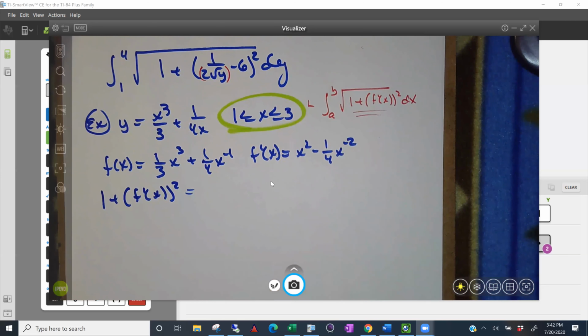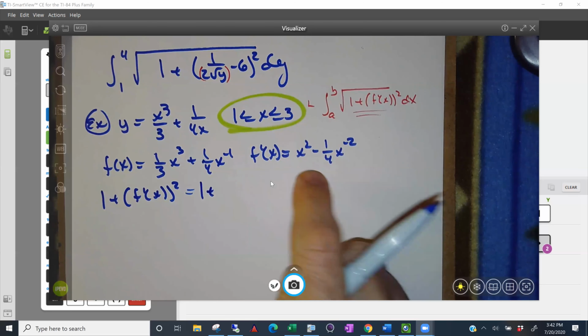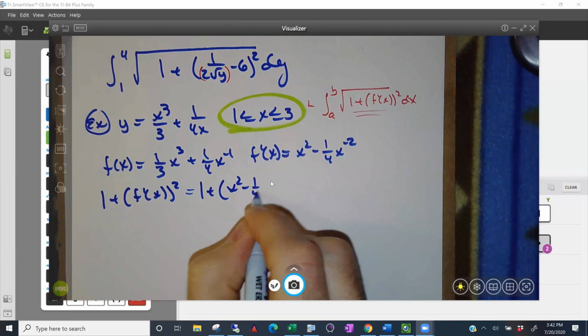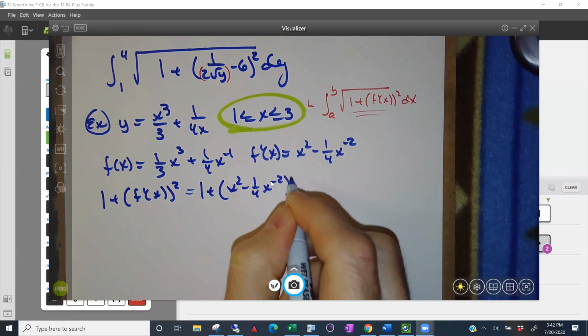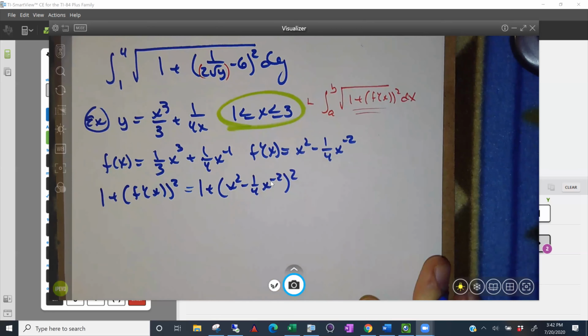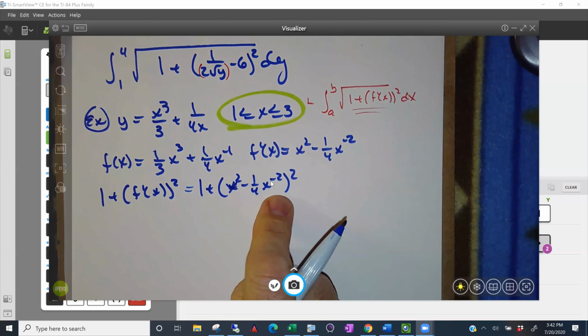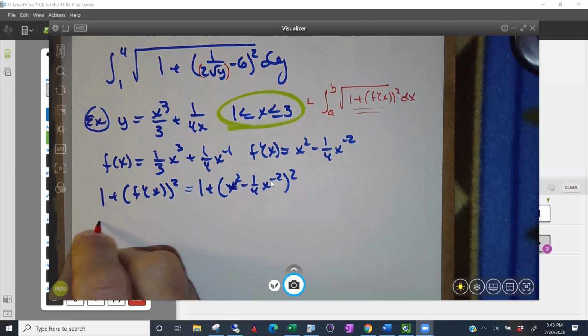So that's going to be 1 plus this squared, x squared minus 1/4 x to the negative second, squared. And that's a little bit of a pain. I'm not sure that many of us can do this in our head. So let me do that kind of off to the side.